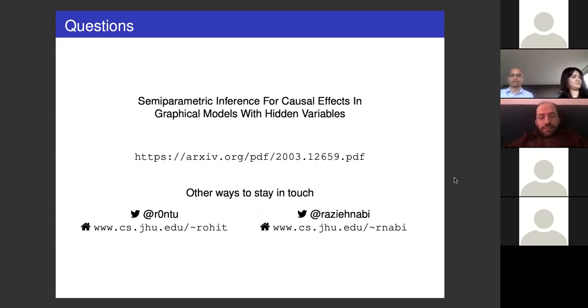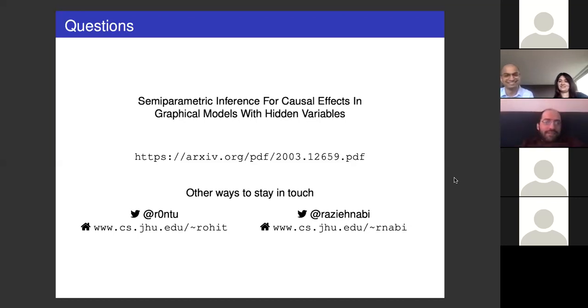Structure learning for ADMGs is an open problem because there's no general algorithm for learning Verma constraints and other things of that nature. So if anyone wants to work on structure learning with ADMGs, that would be amazing.